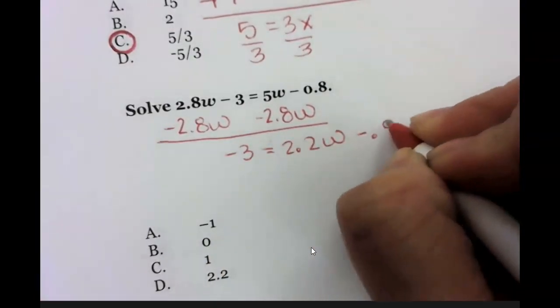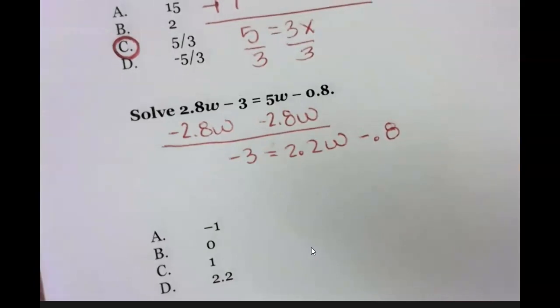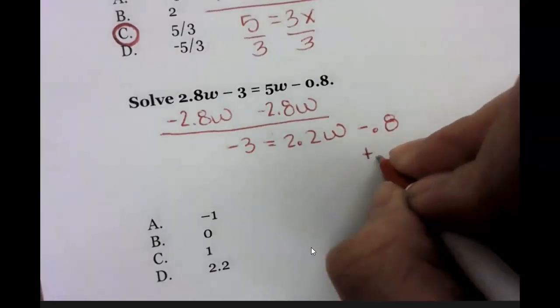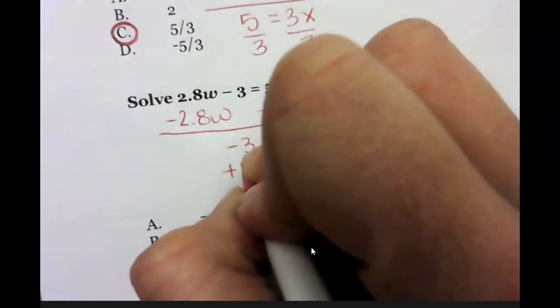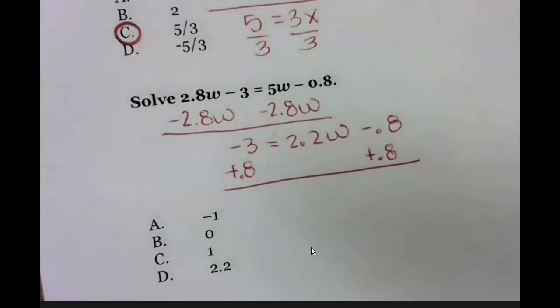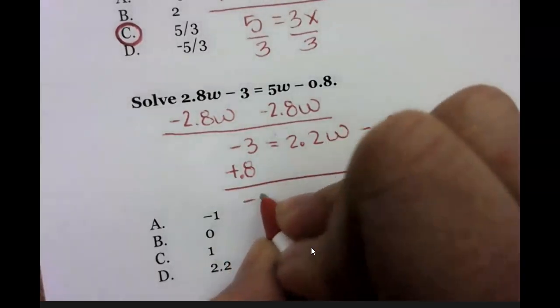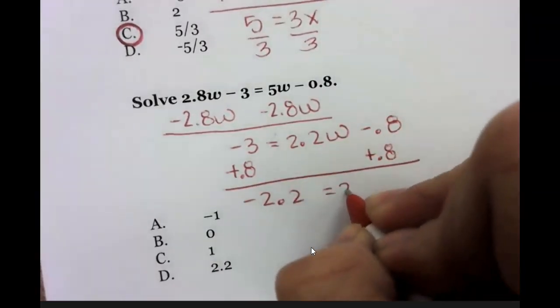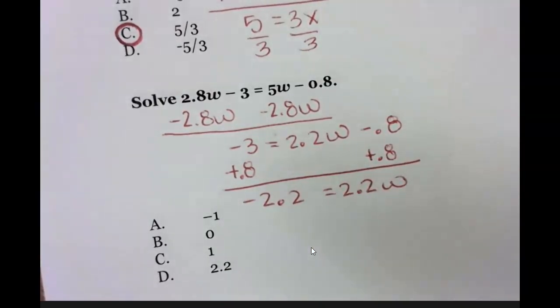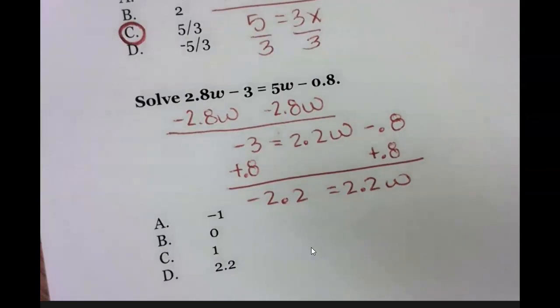W minus 0.8. Landon, what do you do next? I added 0.8. And what do we do last? Oh, my bad. Check the math.